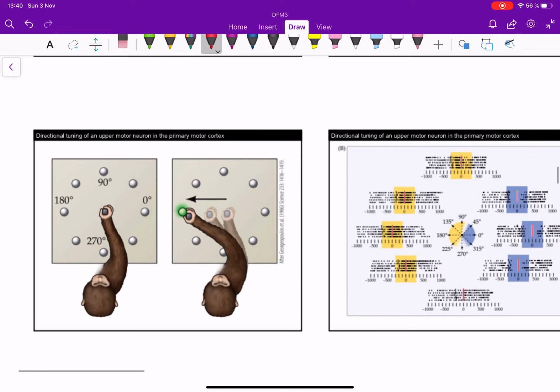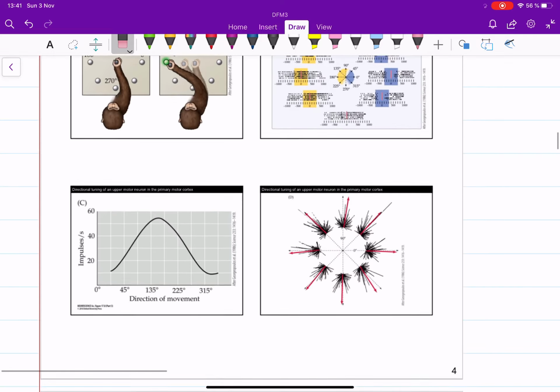And also when we have a green light, and the monkey needs to move the ball toward the light, the cortex that is responsible for that is also the primary motor cortex.